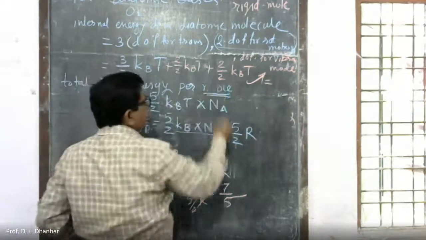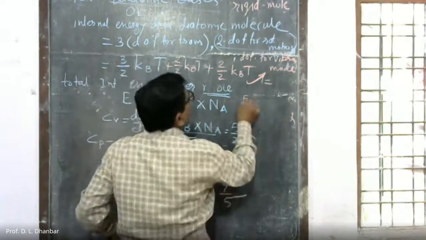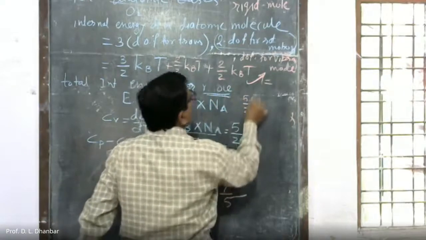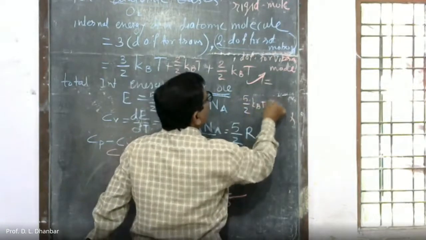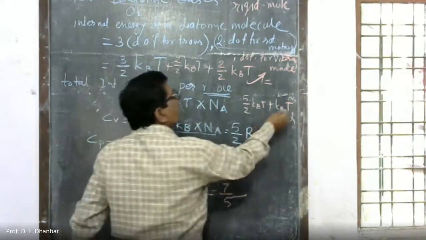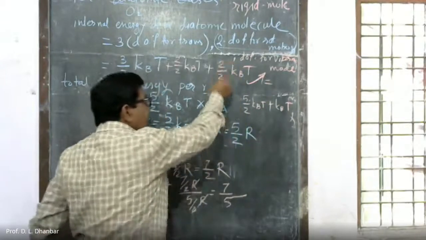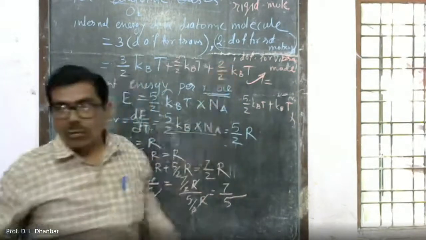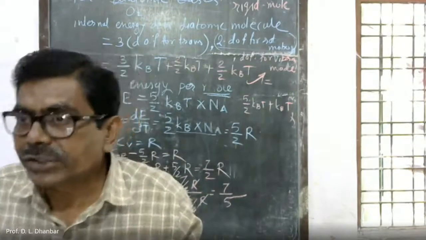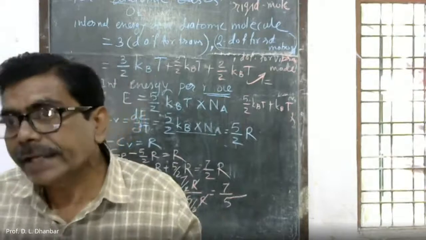So it comes out to be 5 by 2 kB T plus kB T. Here we are considering one additional degree of freedom for vibrational mode, because it is related with potential energy and kinetic energy.